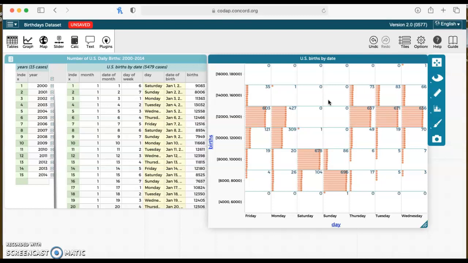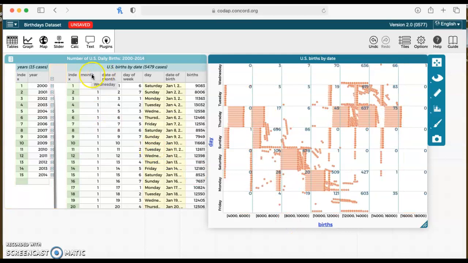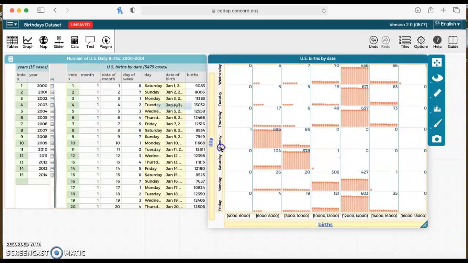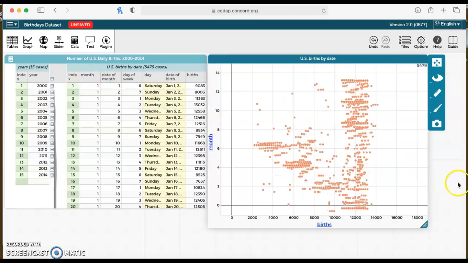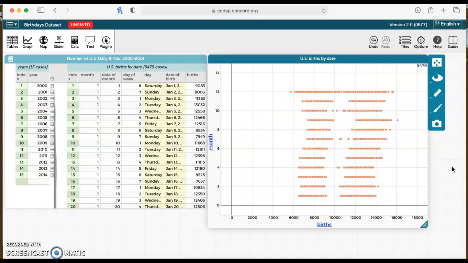The second question that we're looking at is, are there any interesting patterns, trends, or anomalies in the frequency of births throughout a year, and what might be possible reasons that explain these features? So I'm going to put births on the x-axis now, and then put month on the y-axis. What you will see is that the 12th month, which is December, has a lot of births compared to every other month.